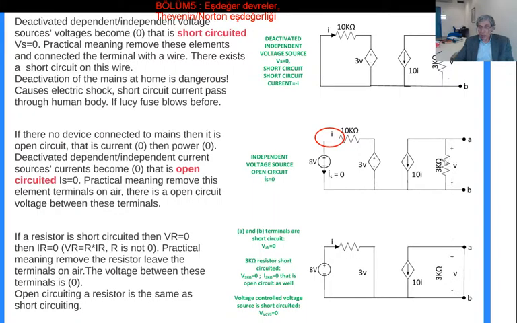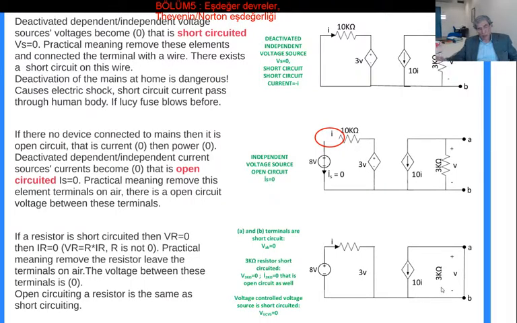I have removed this resistor from its terminals and put a wire between A and B, making the voltage equal to zero. So now the voltage between the resistor terminals is zero, and there is no current passing through the resistor. I removed it. This is what happens to the resistor when you make it short circuit or open circuit.